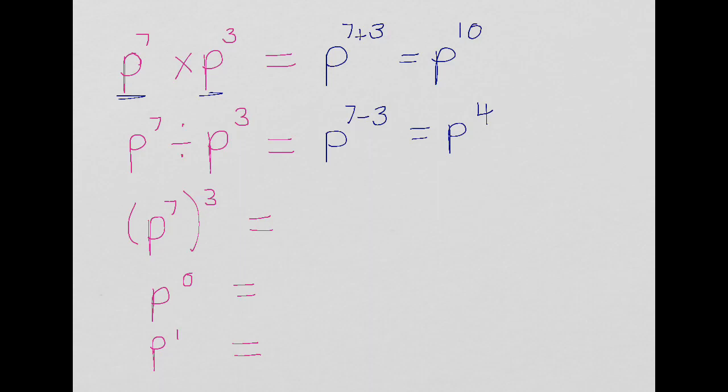This one here is P, and here when it's a power to another power, we multiply. P to the 21. P to the 0, anything to the power of 0 is 1. And P to the 1 is P.